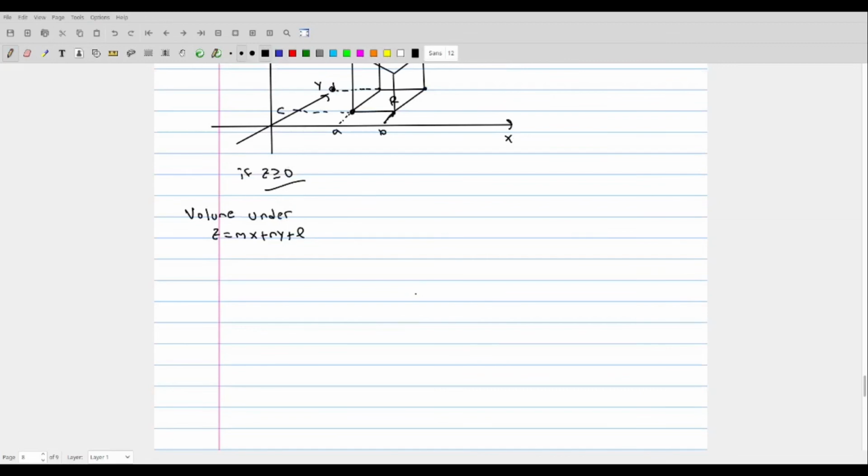So it's the double integral over the region R of mx plus ny plus L dA, or in terms of our exact bounds, it's the double integral as x goes from A to B, as y goes from C to D, of mx plus ny plus L dy dx.